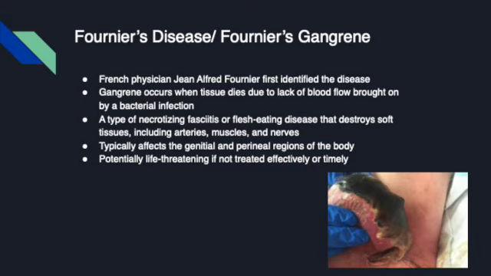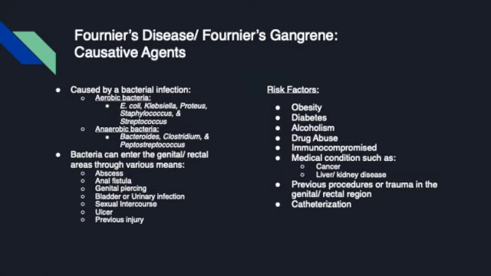Fournier's disease is caused by a bacterial infection of either aerobic or anaerobic bacteria. Typical aerobic bacteria that cause this infection are E. coli, Klebsiella, Proteus, Staphylococcus, and Streptococcus.